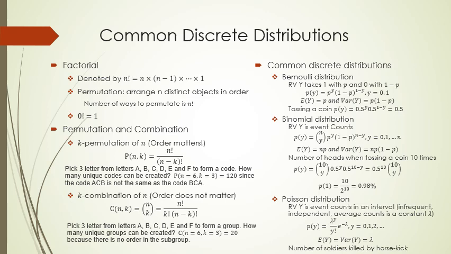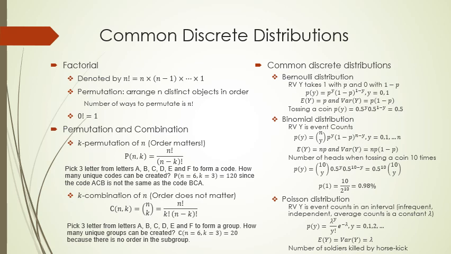Typically, permutations and combinations are related to subset selections. For example, selecting k objects from a total of n objects to form an ordered list is a k-permutation of n, expressed as P(n,k), which is factorial n divided by factorial of n minus k.